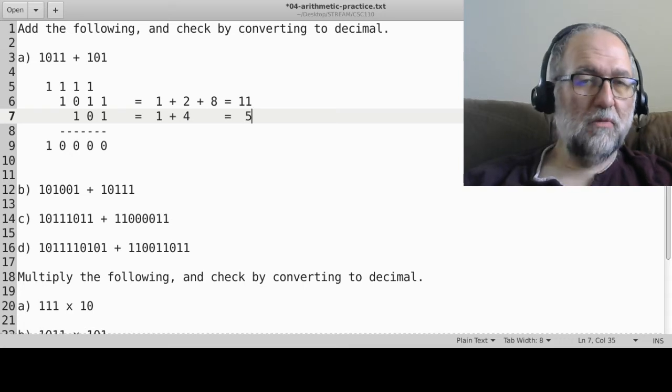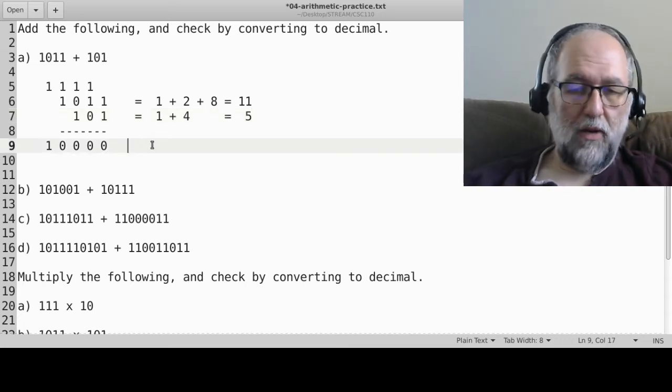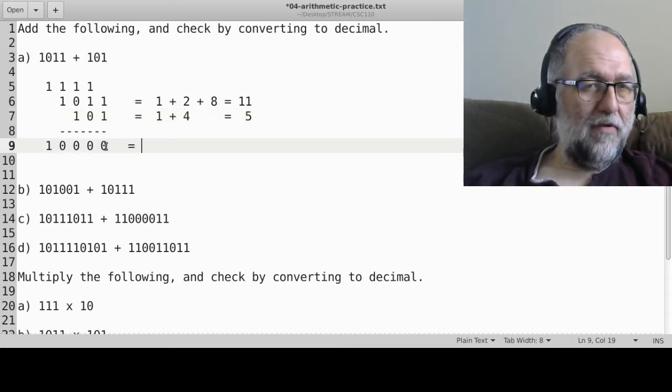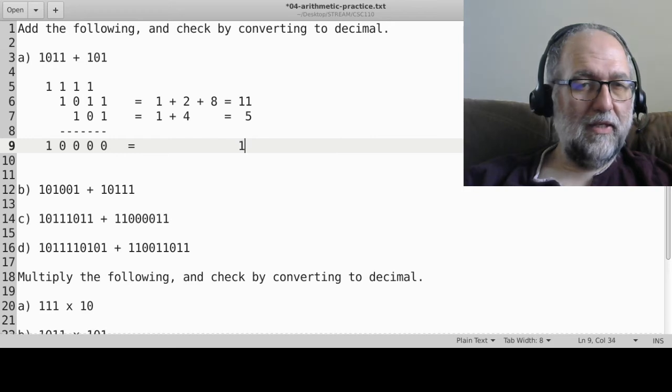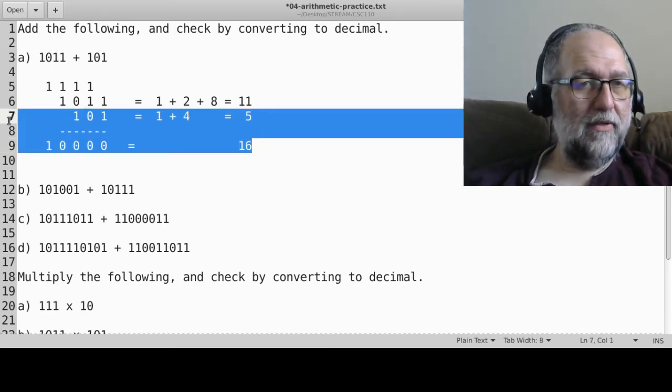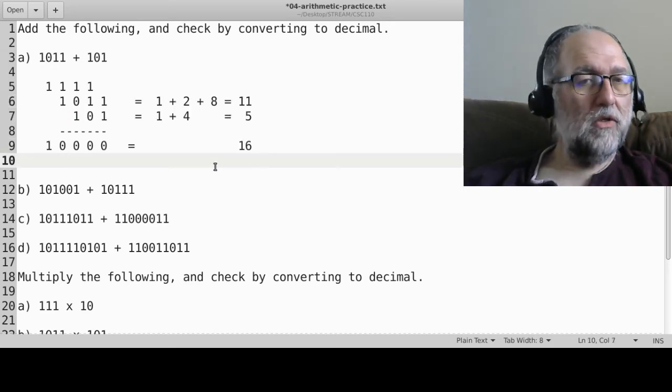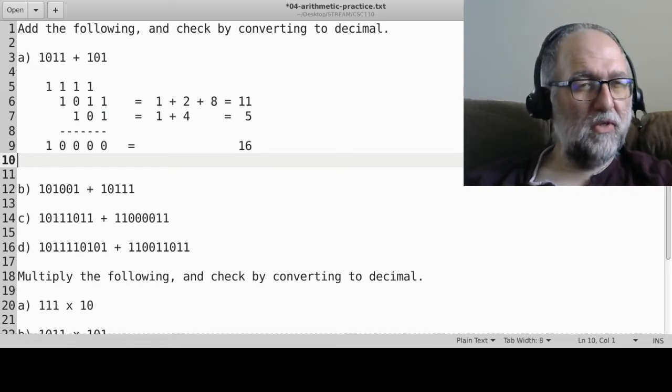So we expect the answer to be 16, and is it? We have no 1s, no 2s, no 4s, no 8s, and a 16. So the answer is immediately 16, and ta-da, it worked out. That was an easy one to start us off.